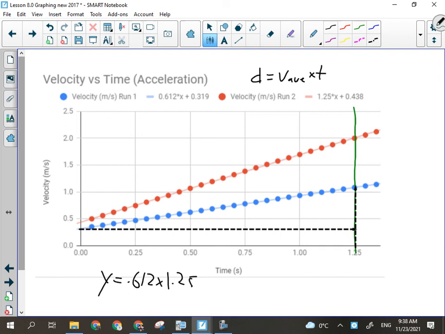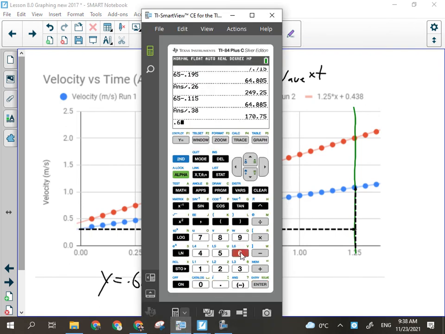Okay, so my triangle is, sorry, I put in the wrong number there, 0.612 times 1.25, not 0.125. Okay, 0.765 meters per second tall.